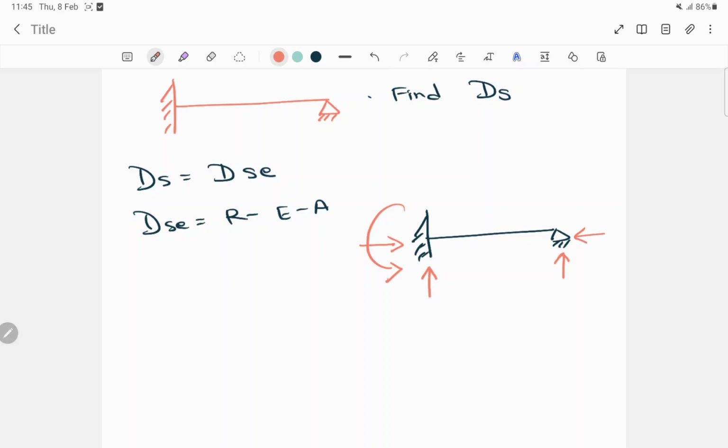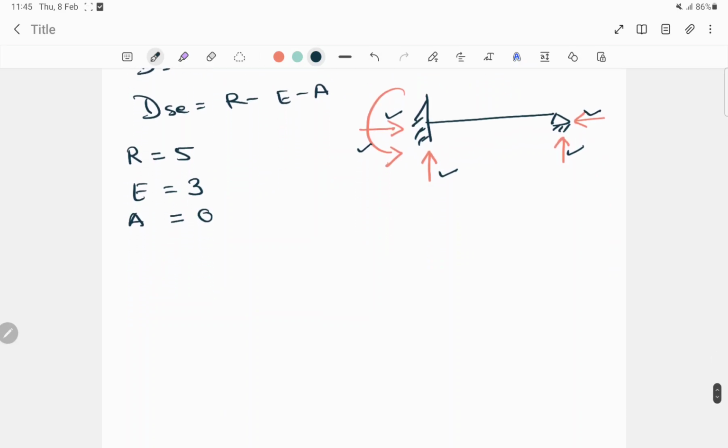So now for this case the total number of unknown reactions is 1, 2, 3, 4 and 5. Okay, 5, and E is the number of equations of equilibrium, that is 3, and A is not present in this case, so A will be 0.